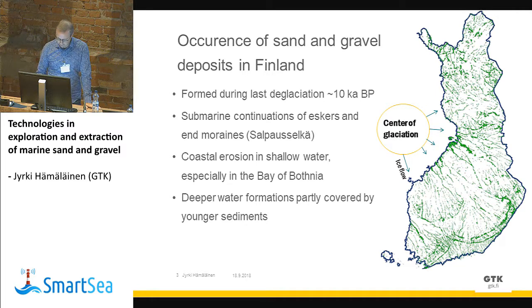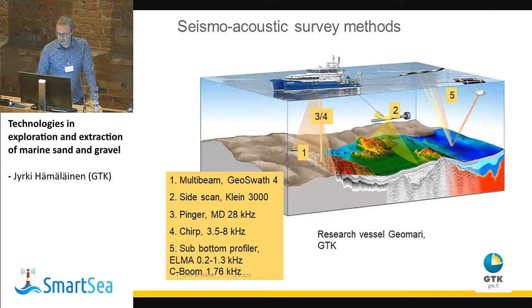This is an example of GTK's research vessel Geomari, and it's equipped with a variety of sensors. We have sonar systems, like multibeam and side scan, where we can cover large areas of the seabed and get detailed information about the depth and the quality of the seabed itself.